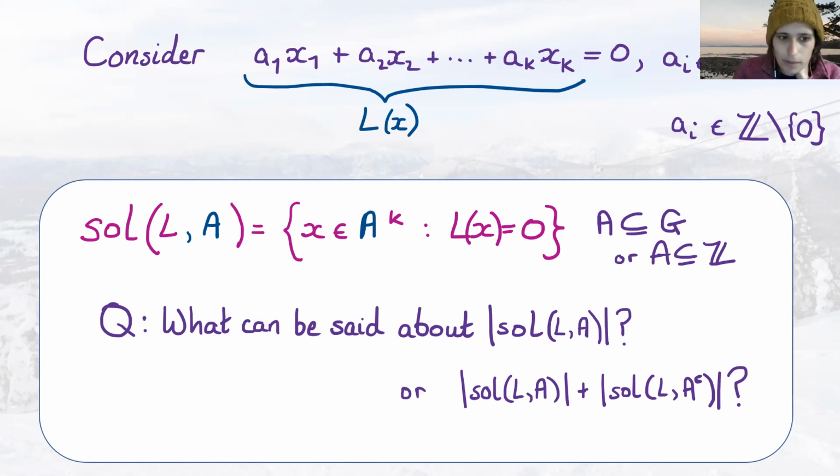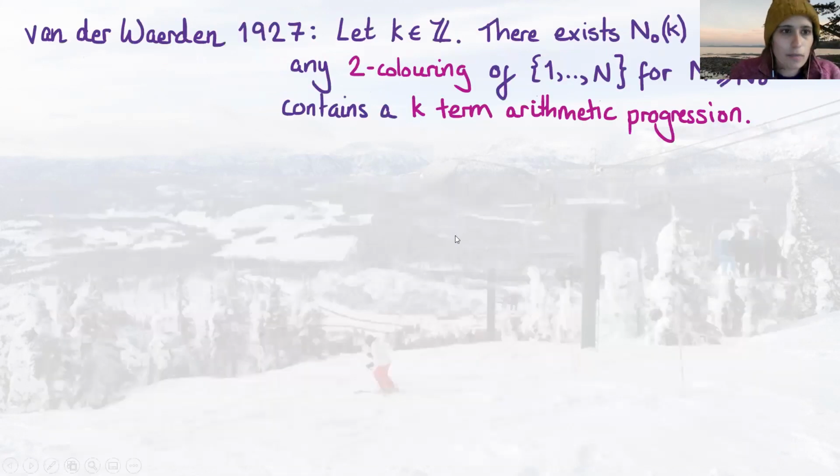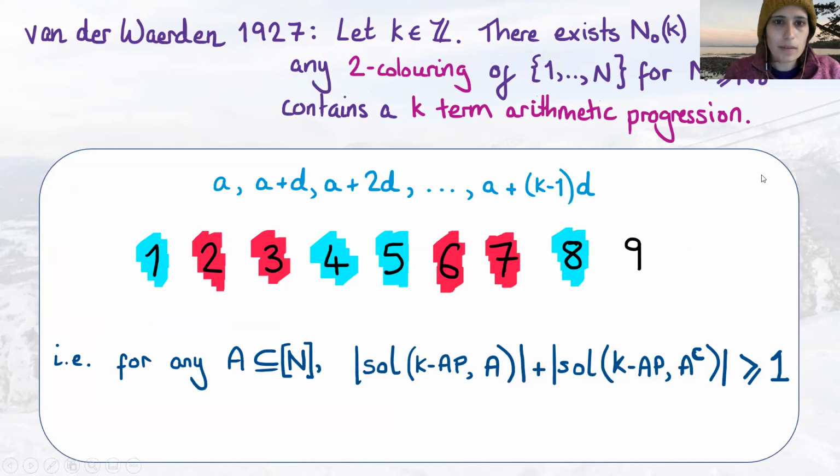So there are actually many, many questions in additive combinatorics that can be phrased in terms of asking about sol L A, or sol L A plus sol L A complement, for various systems or various sets. So for example, the very famous van der Waerden theorem, which, I'm sure, many of you are familiar with, but if you're not, you should definitely go and look at the proof because it's pretty cool.